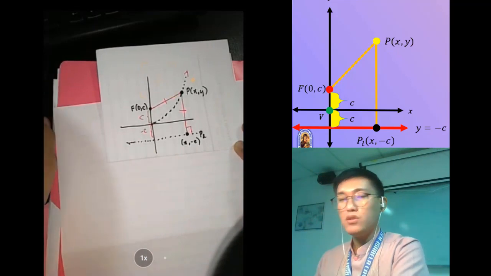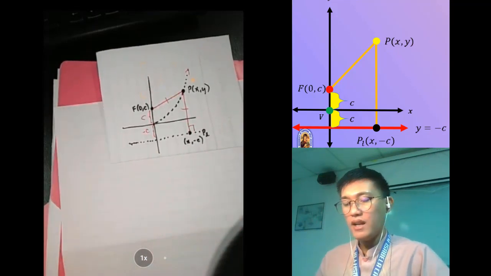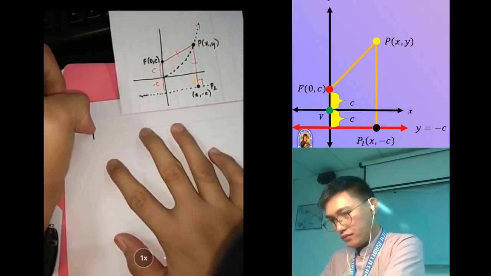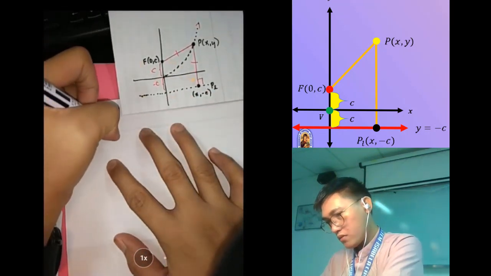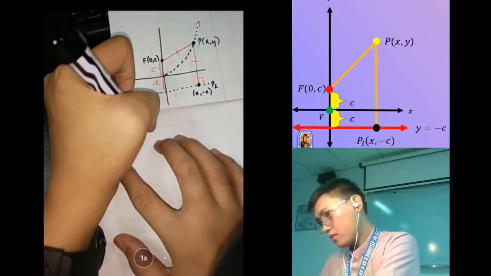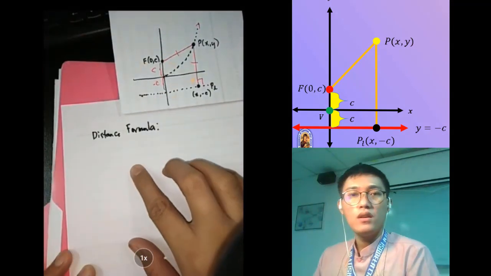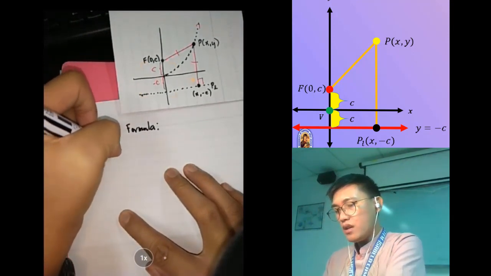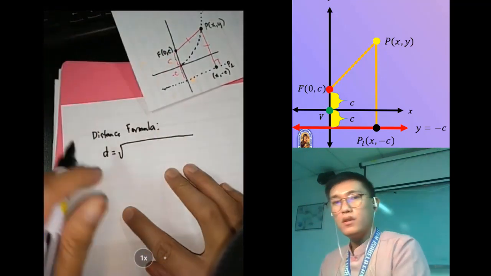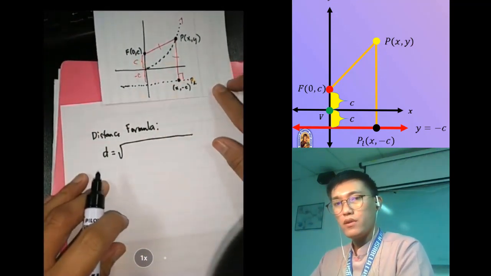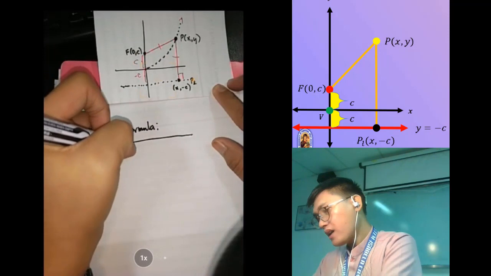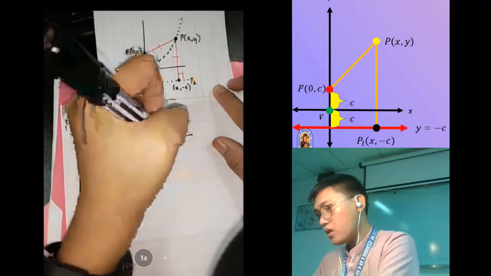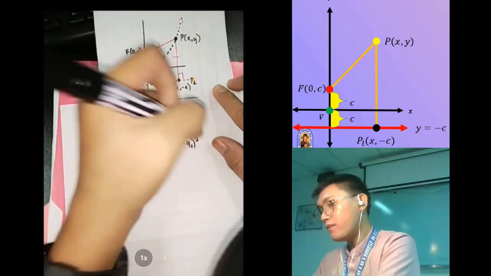So let us use the distance formula. Let's again review what the distance formula is. Our distance formula here is d equals the square root of (x sub 2 minus x sub 1) squared plus (y sub 2 minus y sub 1) squared.